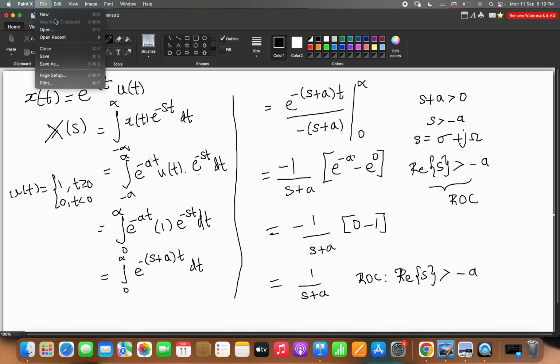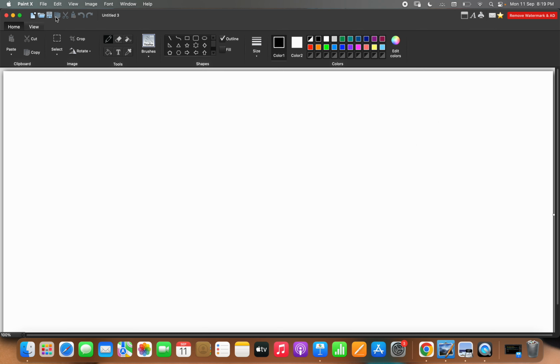So in this case, we will consider the next one. Here we are taking x of t. In the previous case, we considered the causal signal.